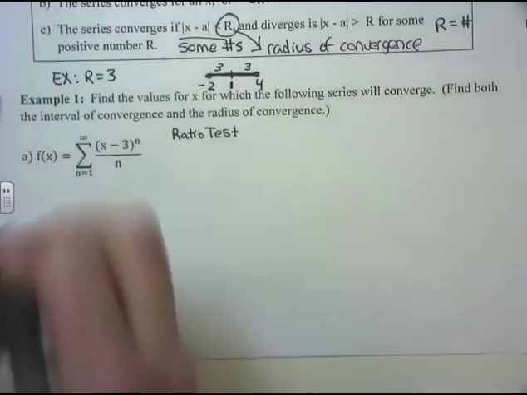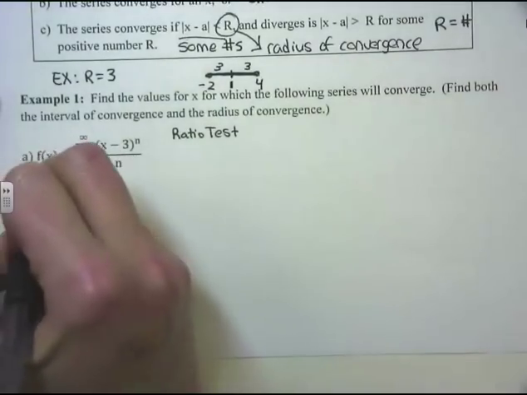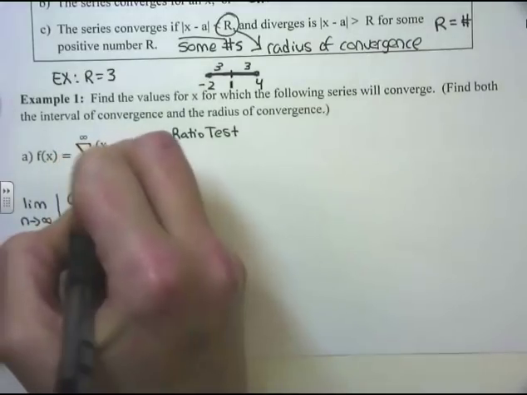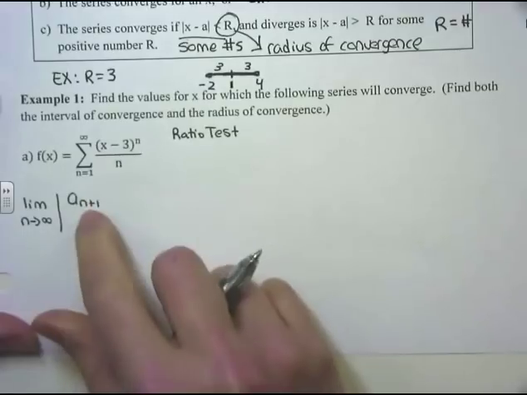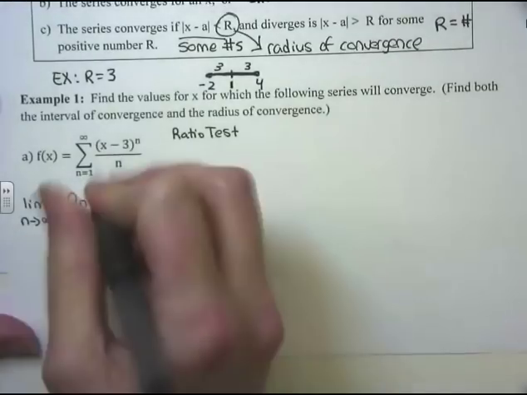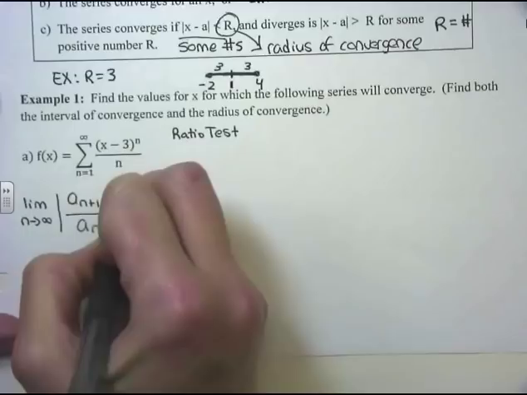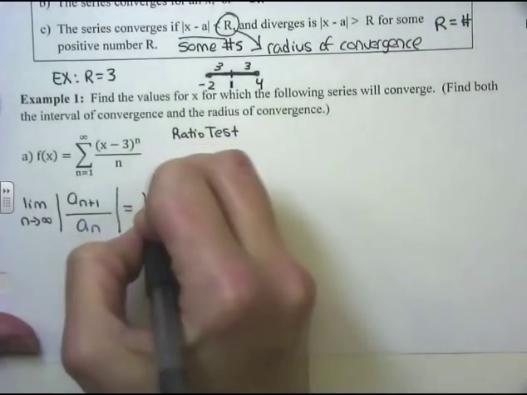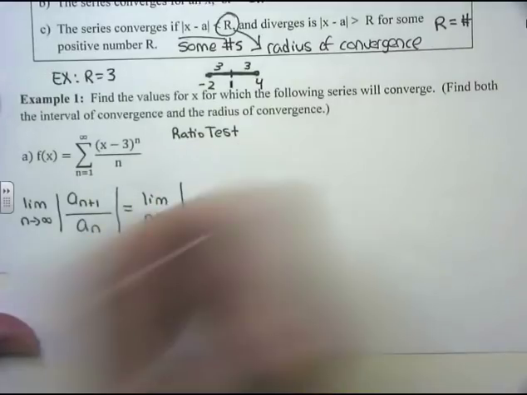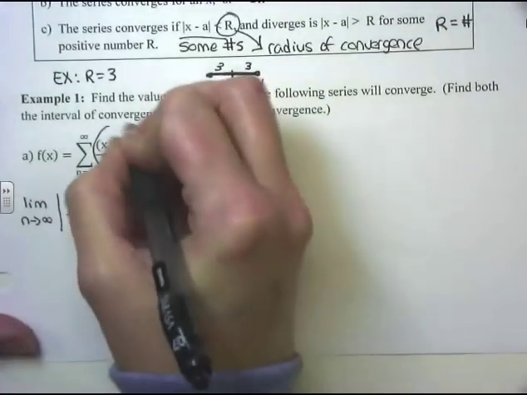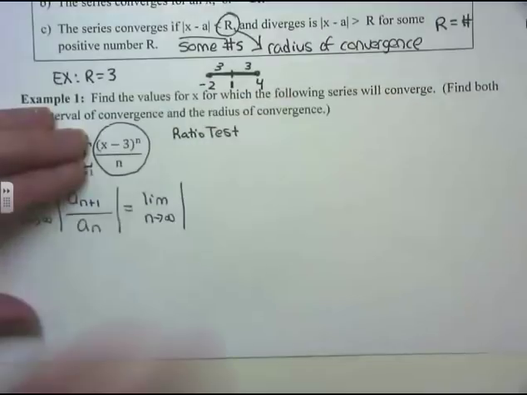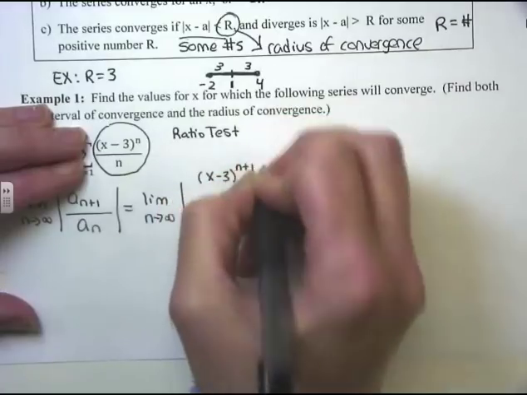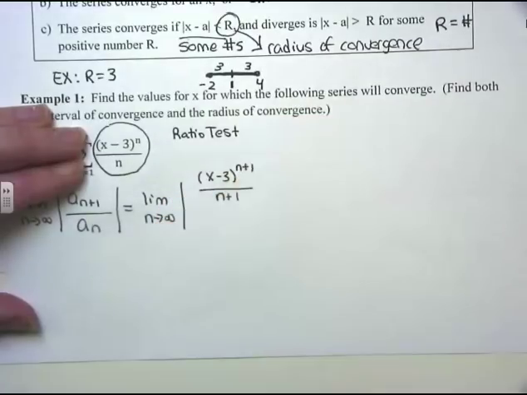The ratio test says I look at the limit as n goes to infinity of the absolute value of a_(n+1), meaning the sequence inside with n plus 1 plugged in, divided by the sequence itself. So for us, I have the limit as n goes to infinity, absolute value, this inside sequence with n plus 1 plugged in would be (x minus 3)^(n+1) divided by n plus 1.